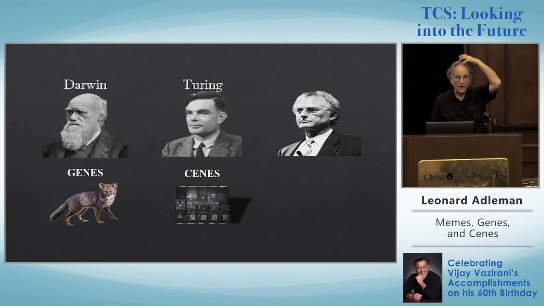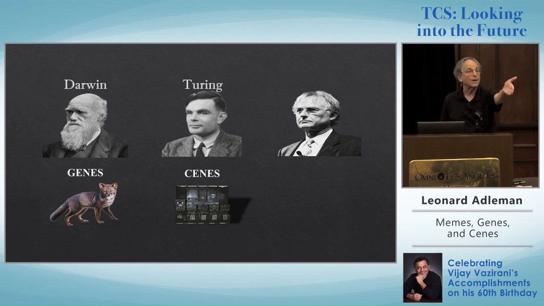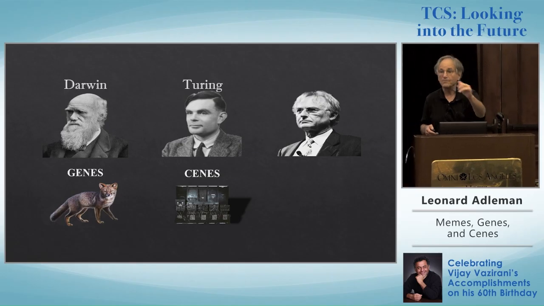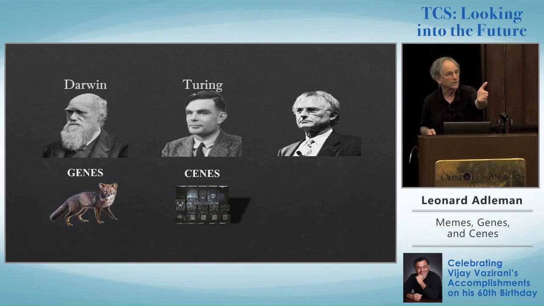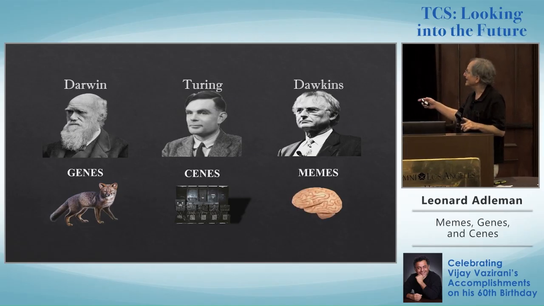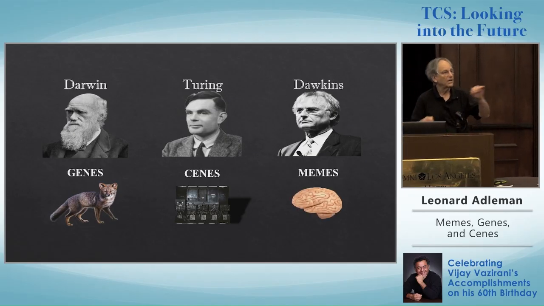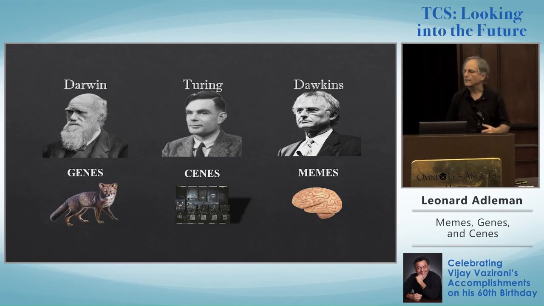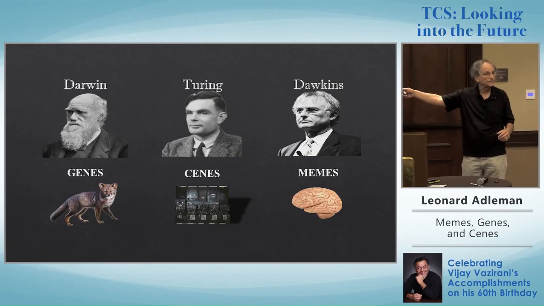And it reproduces when, for example, a new copy is made in a new brain, right? So I'm reproducing some of my memes into your brain right now, yes? Okay, and he called the agent of this process, the stuff stored in our brains, memes.